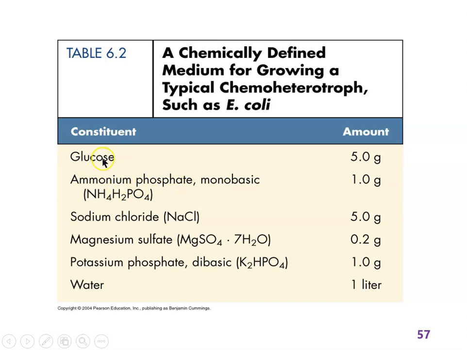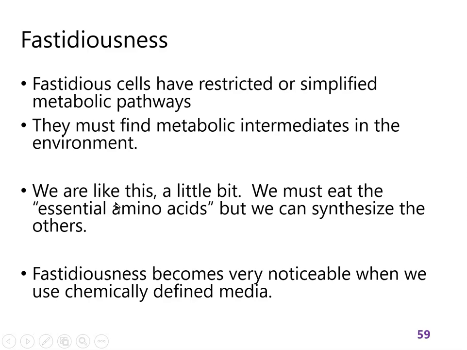So it can rearrange the carbon in glucose into every carbon-containing molecule it needs. And that is kind of amazing. We cannot do that, right? We have to take those essential amino acids and get them from our diet, because we can't rearrange glucose and ammonia to make that. So we are a little bit fastidious.